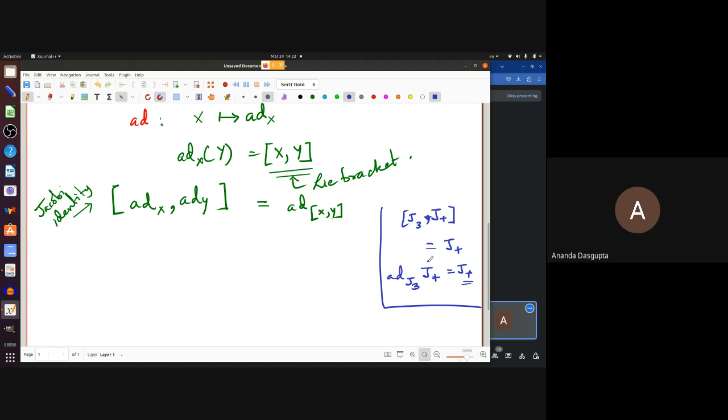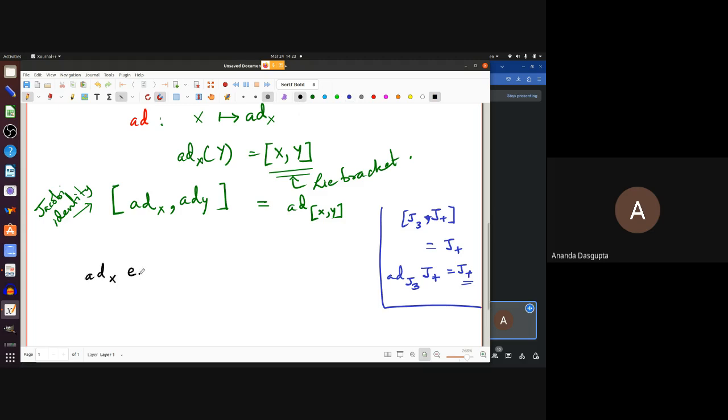Now, since ad X here is an operator, it will also have its matrix representation the moment you choose a basis on your Lie algebra. Of course, this basis would have to be the basis of the Lie algebra itself, or the underlying vector space of the Lie algebra. And if you do that, how do you translate an operator to a matrix?